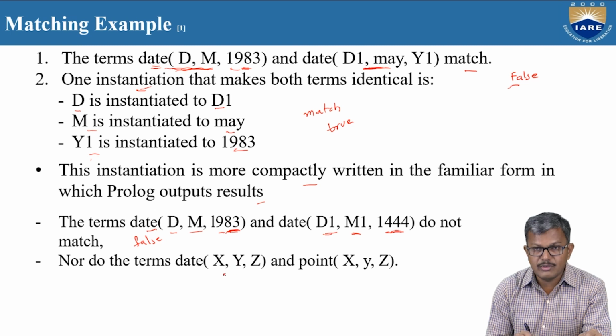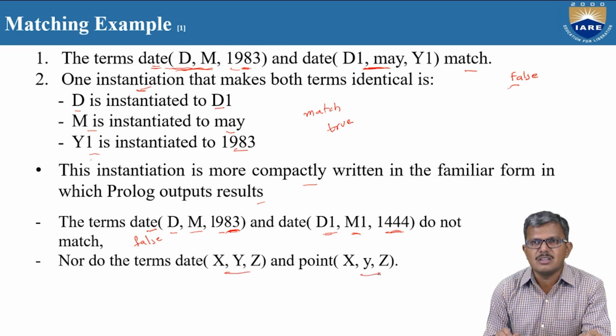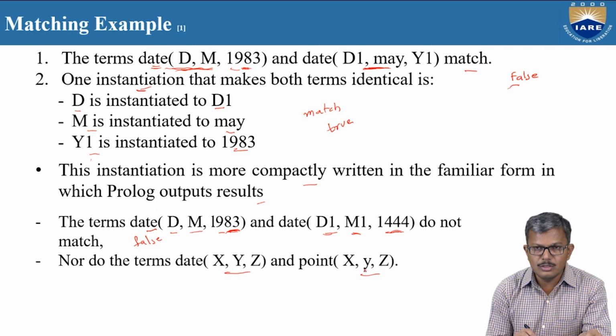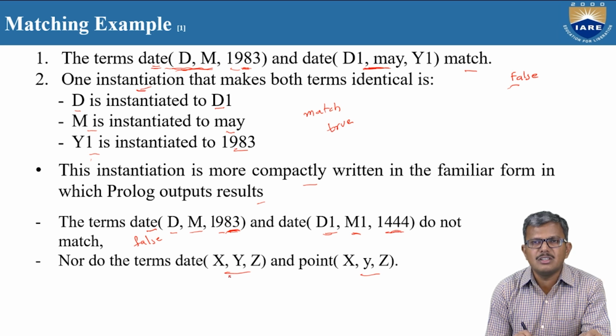Similar to that, you can do the comparison of these things also. You can type these kinds of things in Prolog and see what kind of results are coming. In this case, all are written as capital letters. What does it mean? These three are variables, so we are trying to do the comparison or matching of these variables with these three.